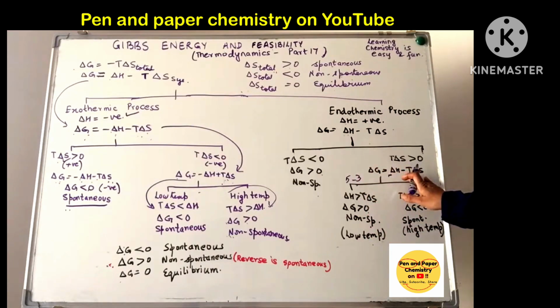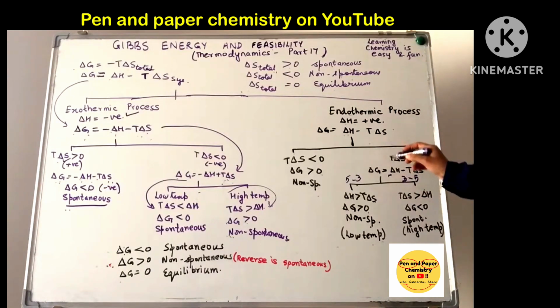Come to the second possibility. T delta S is greater. So let's suppose this is 3 and minus 5. I'm just talking about the numerical values. For the signs, for the positive and negative signs, we've already taken it step by step. Now this comes out as minus 2. In other words, your delta G is less than 0. The process is, yes, spontaneous.